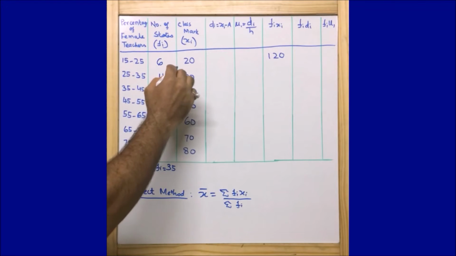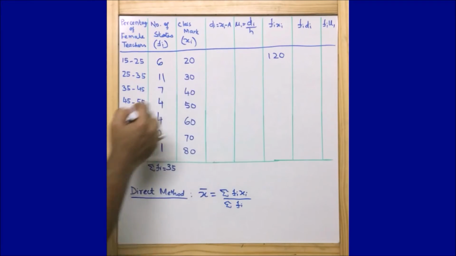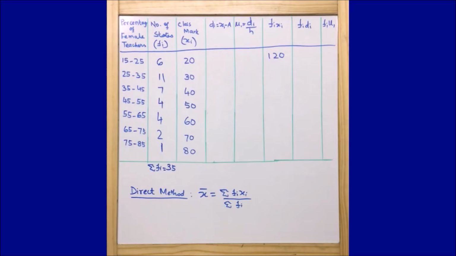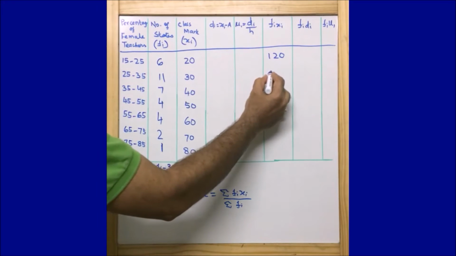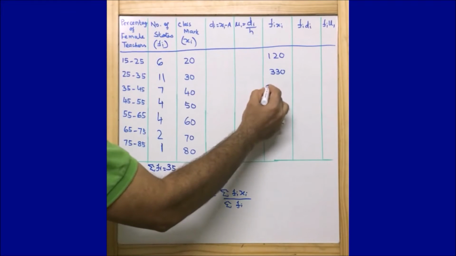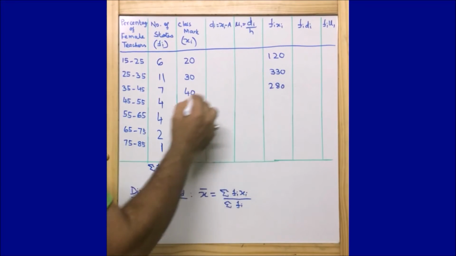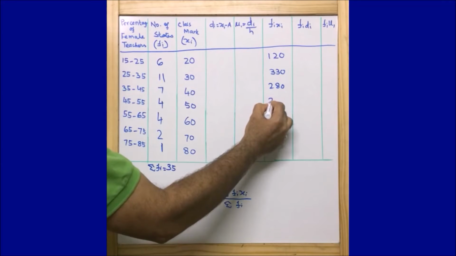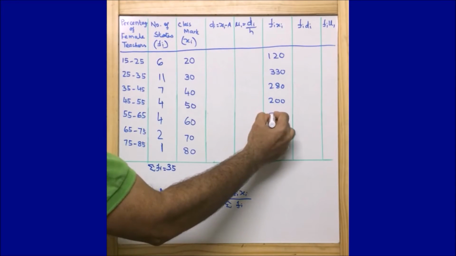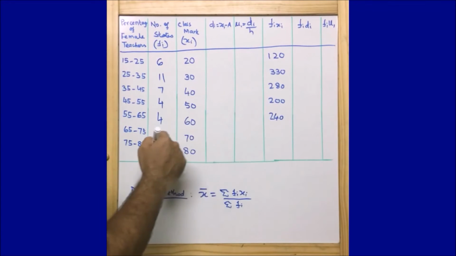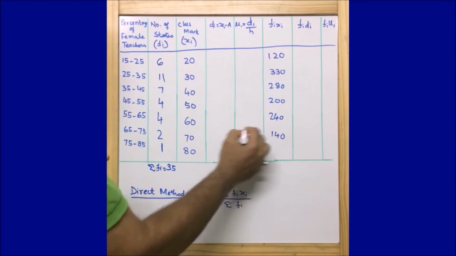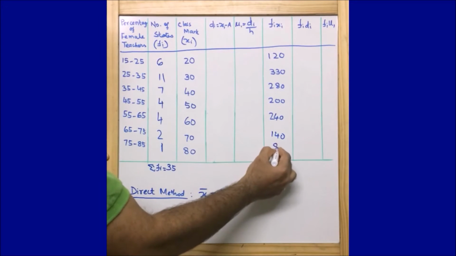So 6 into 20 is 120. 11 into 30 is 330. 7 into 40 is 280. 4 into 50 is 200. 4 into 60 is 240. Then 2 into 70 is 140. And then we have 80.